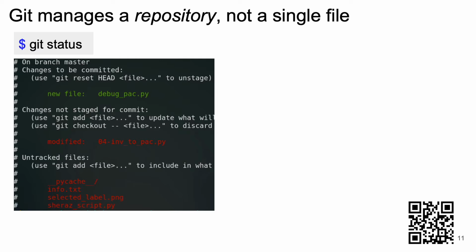So with git status, you get an idea of what is happening to each file. Here, if you do git status, there's a long message, but essentially there are 3 parts to it. First, you have the untracked files, the files that Git is not tracking. Git does not care about these files. It will not version control them. So in a folder, you can choose which files to track.